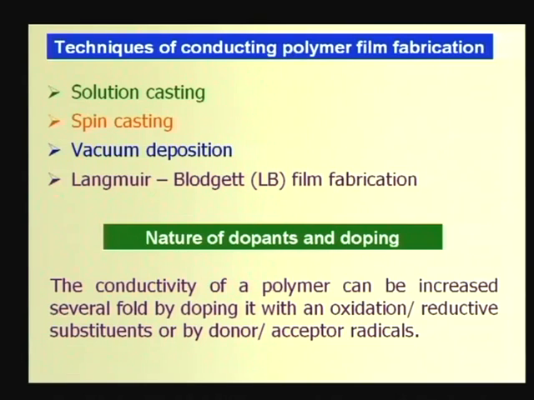And for techniques of conducting polymer film fabrication, as I mentioned, it is done by solution casting. Dissolve the polymer in a solvent, make a solution, and cast it on a clean and smooth substrate surface with the help of a doctor's blade, or by adjusting the viscosity of the polymer solution.